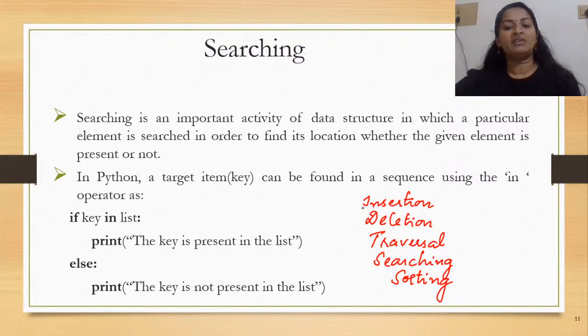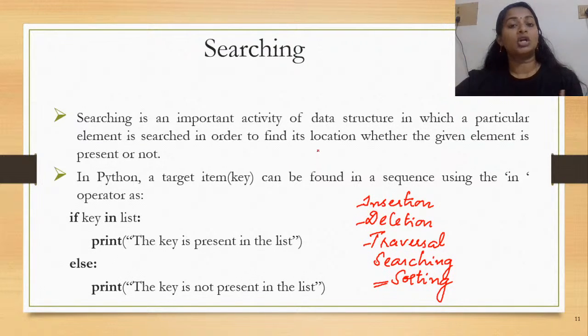So we have come across almost all the operations in each of the data structures, and we had a separate session in which we learned about sorting techniques too. Today we'll be learning the operation permissible in a data structure which is called searching. It is an important activity of a data structure in which a particular element is searched in order to find its location.